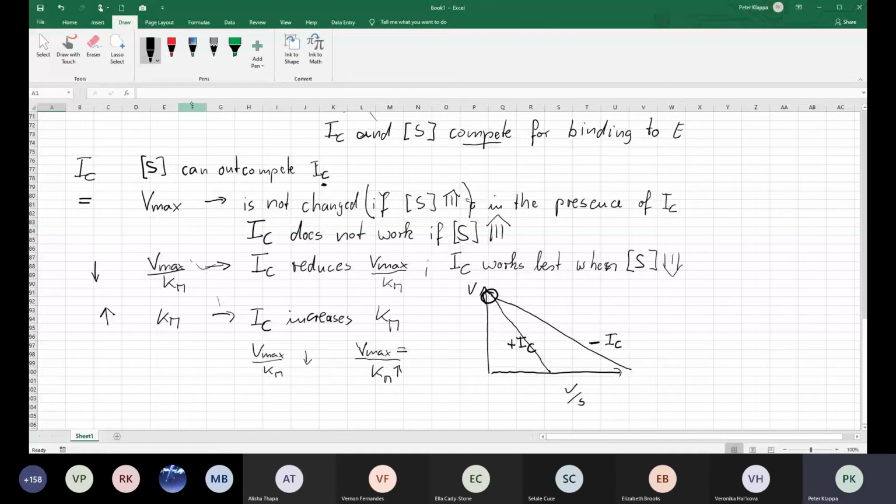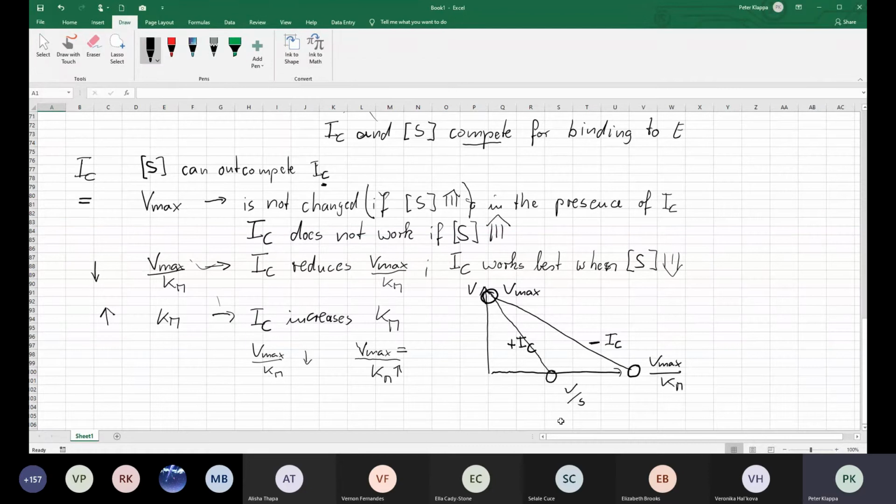We still have here the same Vmax, but what we see here is Vmax over Km goes down. And that is V over S, yes. So that is how we would see our competitive inhibitor in a plot.